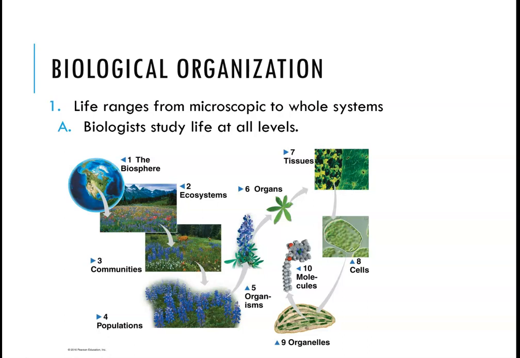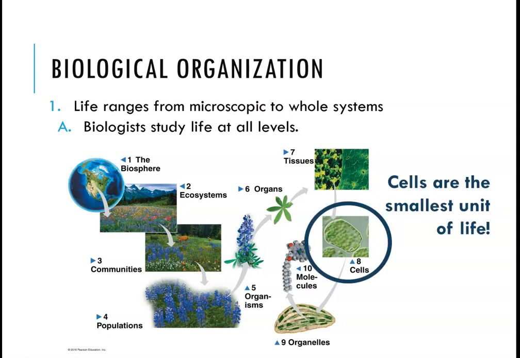So biological organization starts with the smallest, and this slide is a picture from our book, but it's actually kind of backwards from what we are talking about here. But the smallest unit of life being our cells.